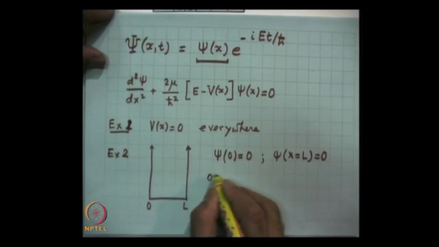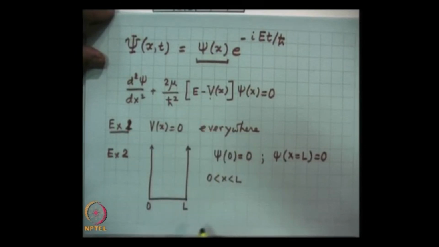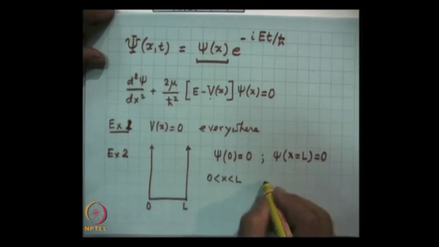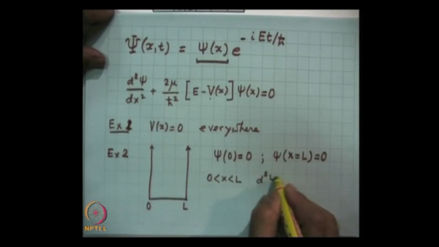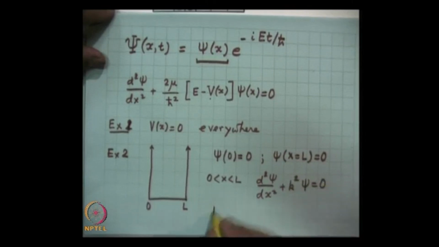Between 0 less than x less than L, V of x is 0. So, the Schrodinger equation becomes d2 psi by dx square plus k square psi is equal to 0, where k square is defined to be equal to 2 mu E by h cross square. Mu is the mass of the particle, E is the energy of the particle, and h cross is of course the Planck's constant divided by 2 pi.